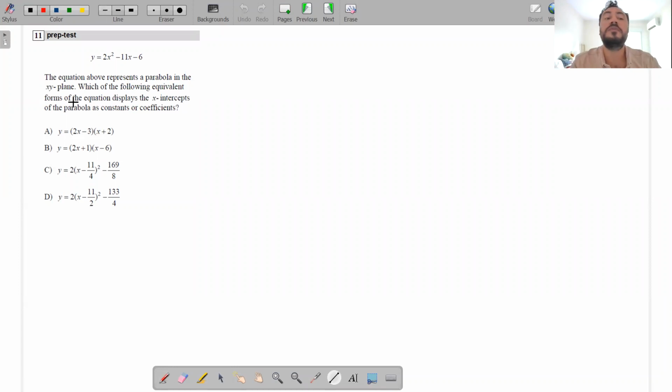Which of the following is an equivalent form of the equation that displays the x-intercept of the parabola as a constant or coefficient? If we have paid attention so far, we know that the only two possible answers are either A or B, because C and D are vertex form. So the answer is either A or B.